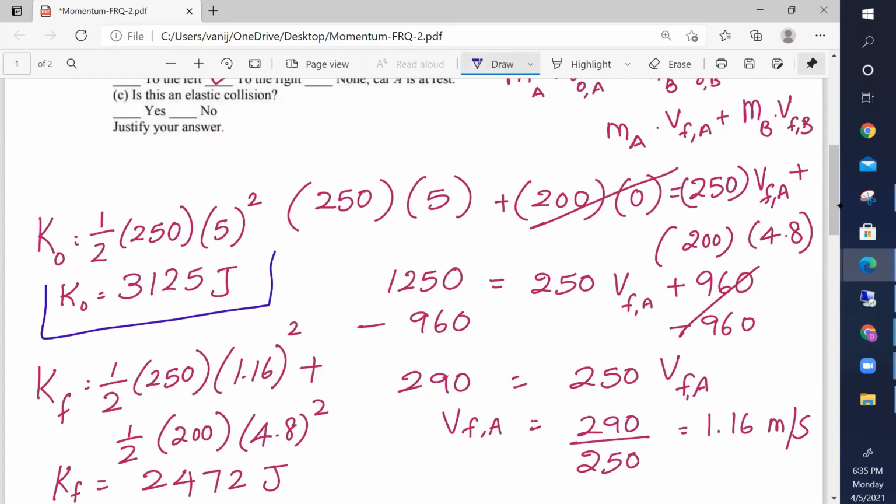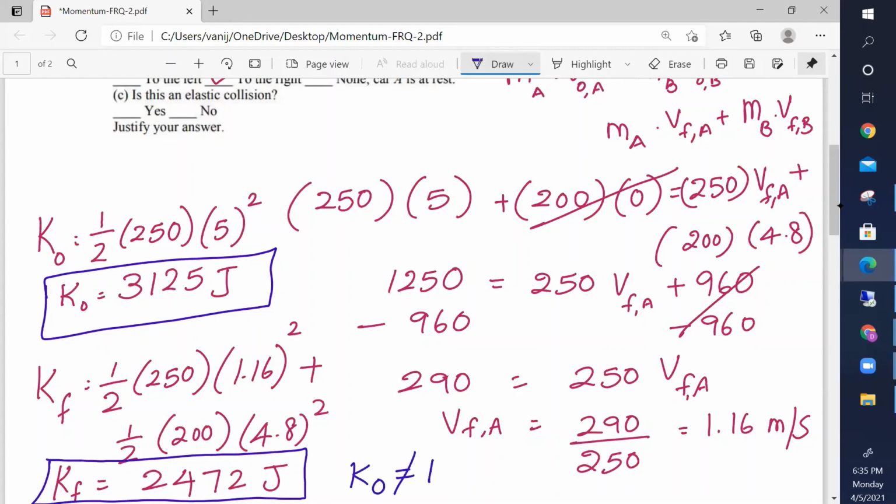So if you notice, K initial is 3,125 joules and K final is 2,472 joules. And because K initial is not equal to K final, I know that this is not an elastic collision.